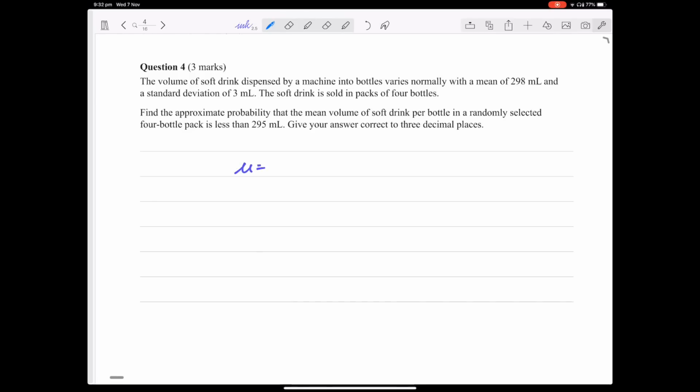So we know mu is 298, sigma is 3, n is 4. E of x bar is 298. Sigma of x bar is 3 on root 4, which is 3 on 2.